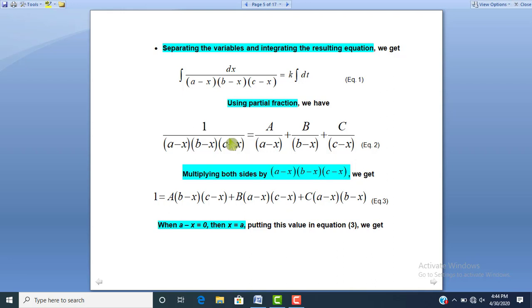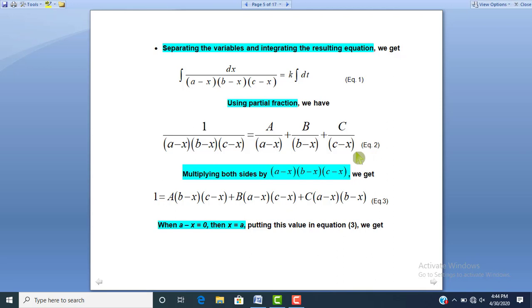But there were only two reactants A and B, and here in this lecture we are taking a third reactant C. So the same partial fraction method which you have already applied in the second order reaction with different initial concentrations, we will apply to these three reactants A, B and C. So according to equation number 2, obtained by using partial fractions, 1 over (a minus x)(b minus x)(c minus x) is equal to A over a minus x plus B over b minus x plus C over c minus x.